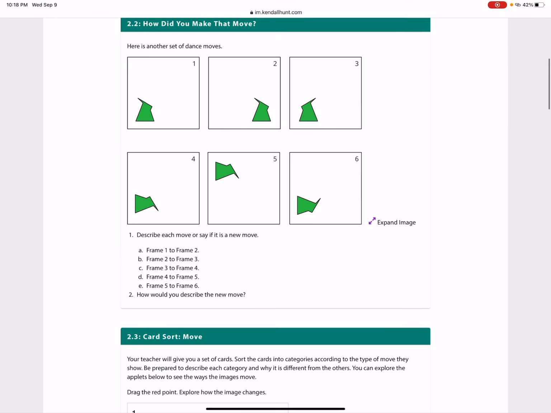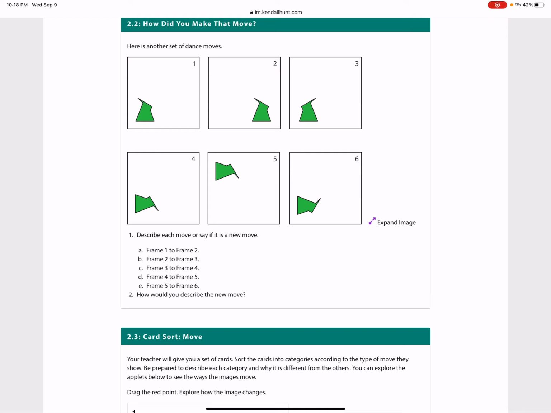So the second one, how did you make that move? You're doing just like you did yesterday, looking at the shapes and describing how they move from frame 1 to 2, from frame 2 to 3. And how would you describe the new move there? There's one move here that wasn't in the moves yesterday, and if you look at the last activity, the hint, it might be some sort of turn or rotation.